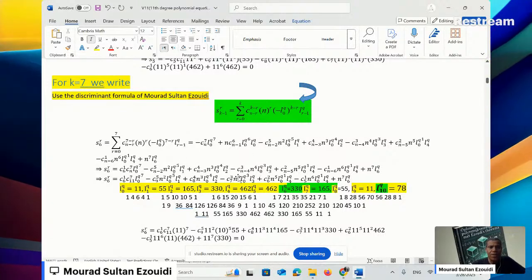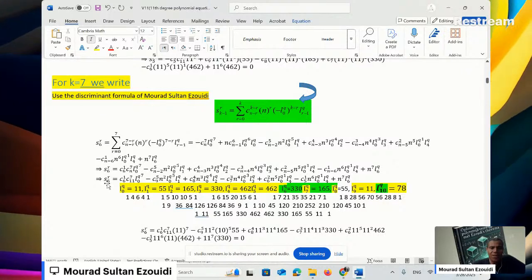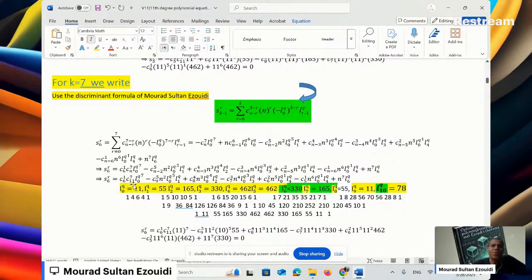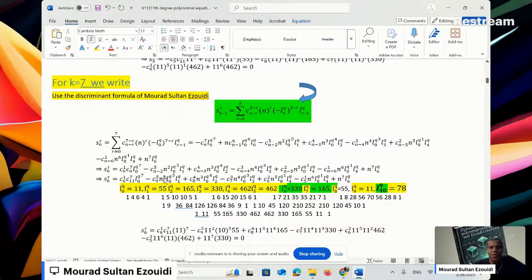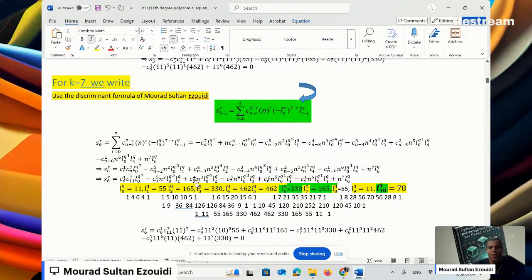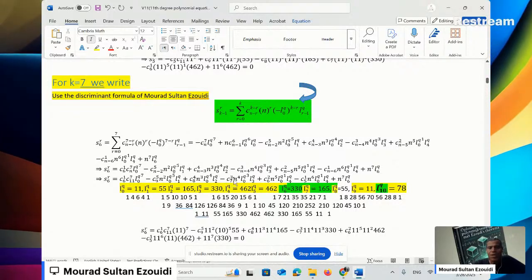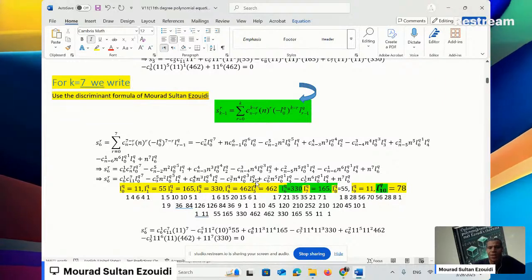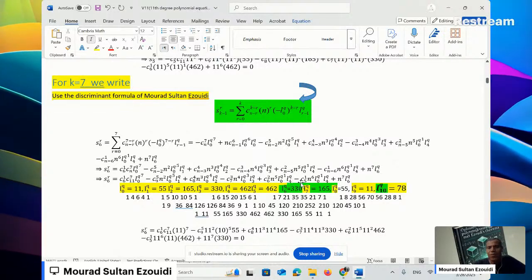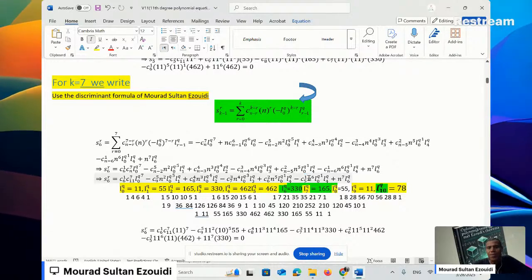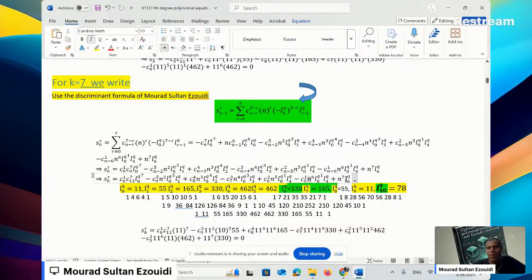Now, after writing our formula in its lowest terms, we can say that S6 for the r equals combination 6 choose 1 times combination 11 choose 7 times L0 for 2 raised to the power 7, plus or minus combination 9 choose 5 n squared L0 for 2 raised to the power 5 times L1, plus combination 8 choose 4 n raised to the power 3 L0 for 2 raised to the power 4 times L2 for 2, minus 7 choose 3 n raised to the power 4 L0 for 2 times L3, plus combination 6 choose 2 n raised to the power 5 times L0 for 2 raised to the power 1 times L4, minus combination 5 choose 1 times n raised to the power 6 times L0 for 2 raised to the power 1 times L4, plus n raised to the power 7 times L6.